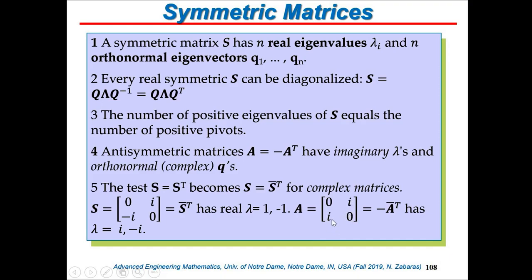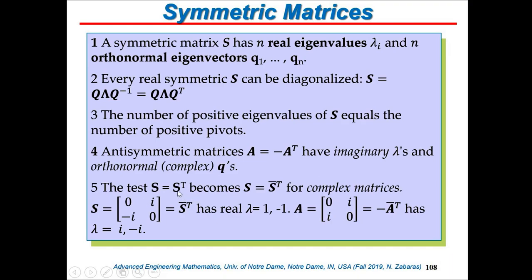But you can see if I take the transpose, it looks the same, and if I take the conjugate, I'm going to get a minus i here and a minus i there. So A is minus A conjugate transpose. So this is what we call an anti-symmetric matrix when we work with complex matrices.